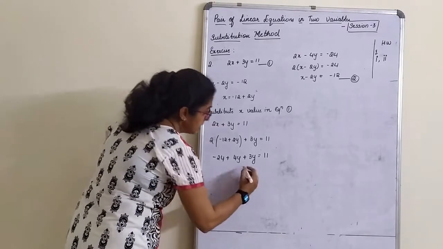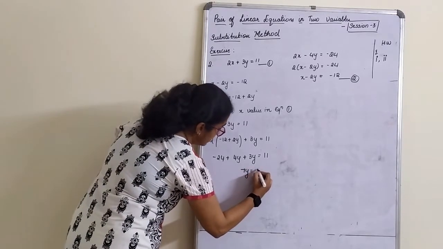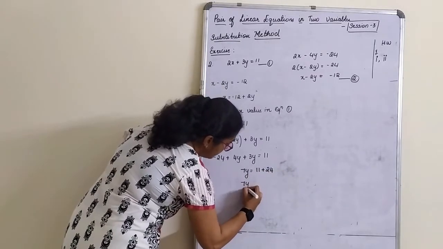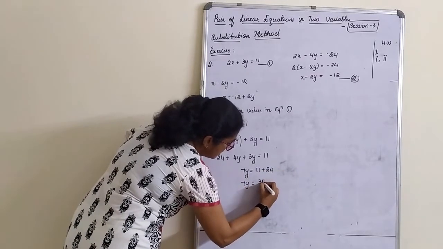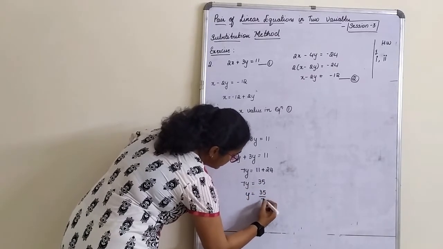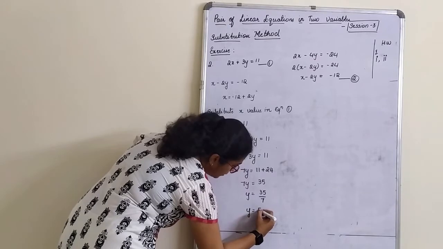So 4y plus 3y, 7y is equal to 11 plus 24. 7y is equal to 35. Y is equal to 35 by 7. Y is equal to 5.